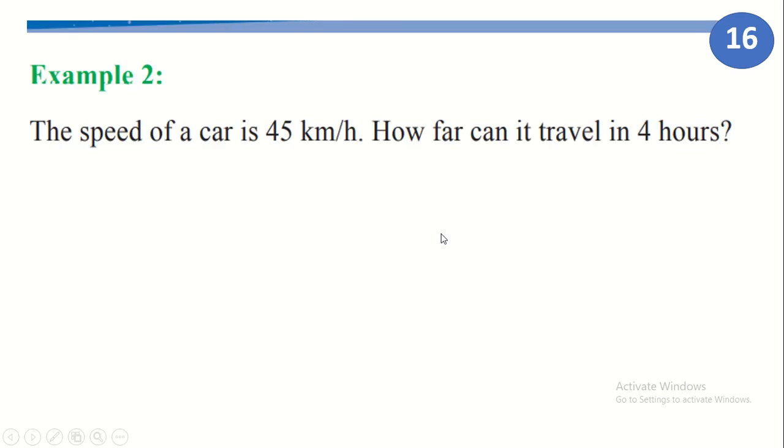Now let's move to example number 2. The speed of a car is 45 km per hour. How far can it travel in 4 hours? That is a word problem. The speed of a car is 45 kilometers per hour, the rate of speed.